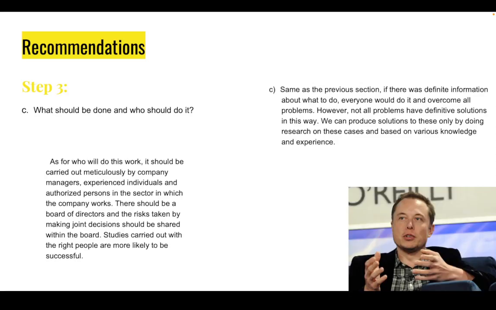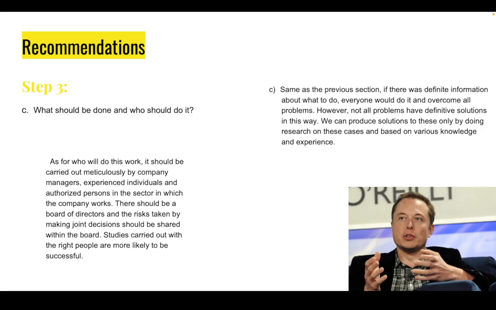Now, the last step of recommendation is what should be done and who should do it. Same as the previous section, if there was definite information about what to do, everyone would do it and overcome all problems. However, not all problems have definitive solutions. In this way, we can produce solutions to these only by doing research on these cases and based on various knowledge and experience.